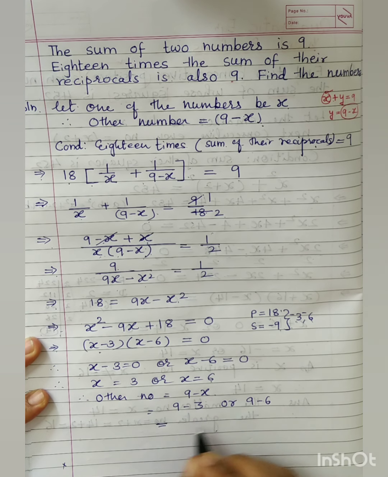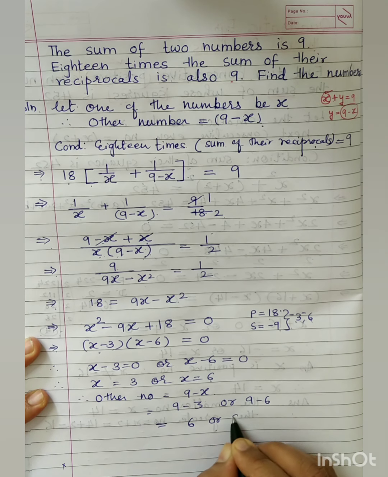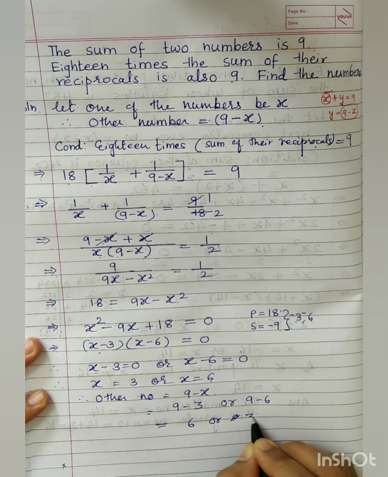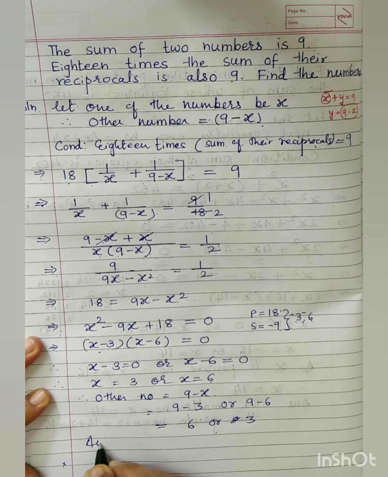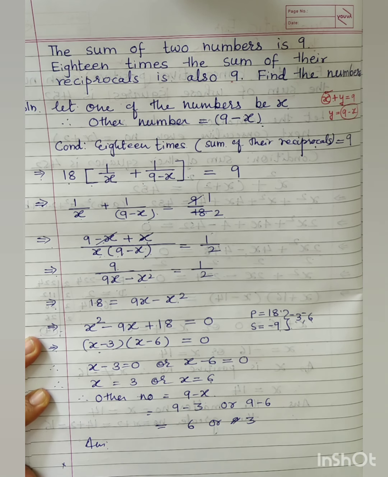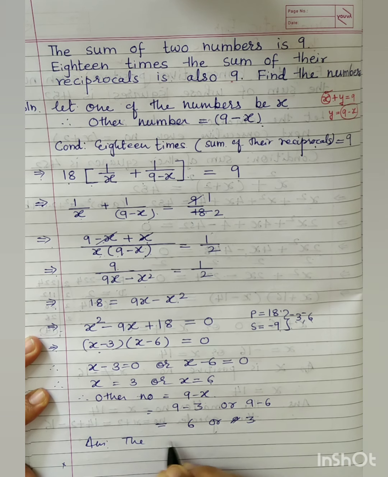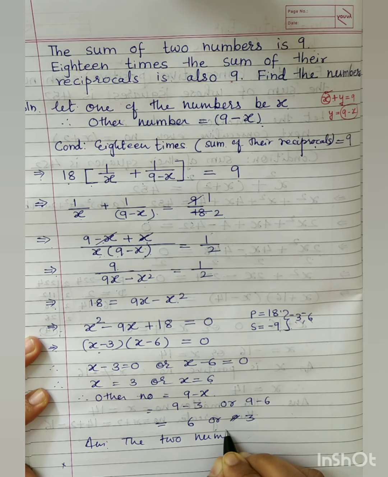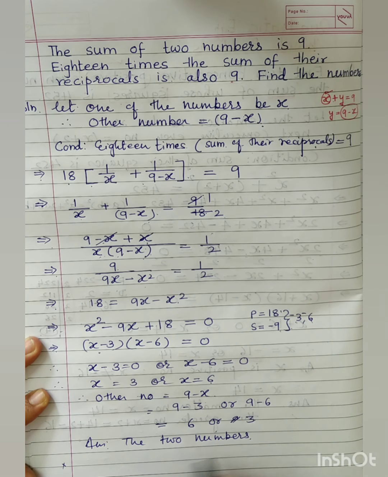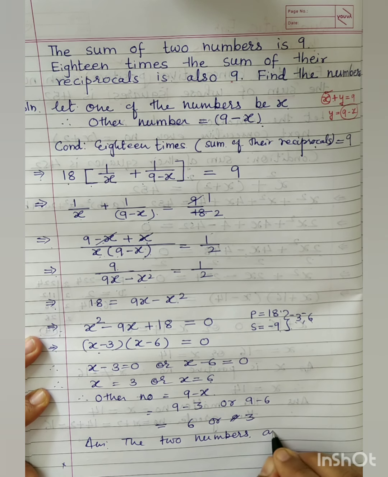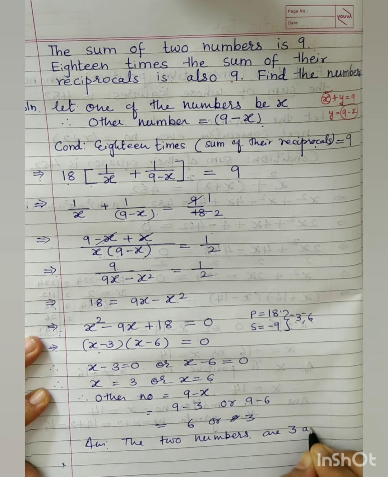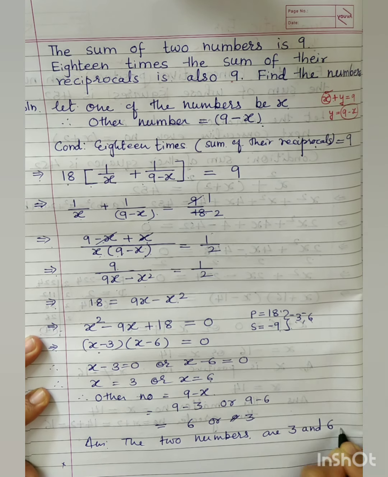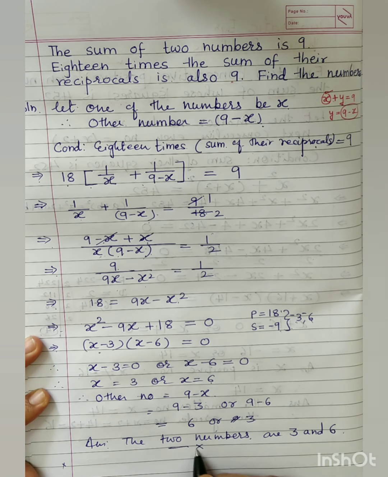So it will be 6 or 3. What is your final answer? You have seen that the order does not make any difference here. So we can write the answer directly. The two numbers are 3 and 6.